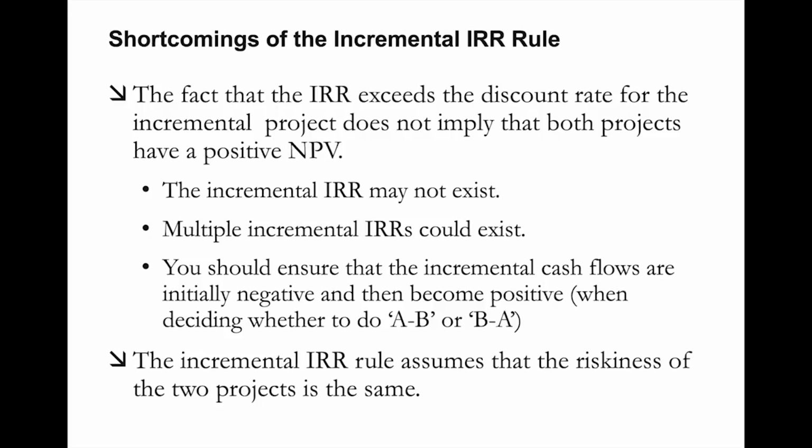Those two NPV profiles may never intersect one another. We can of course have multiple incremental internal rates of return. But we should always ensure that when we're looking at the incremental rate of return, we structure our incremental cash flows such that they are initially negative and become positive.